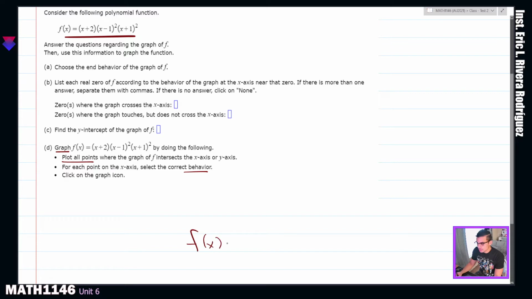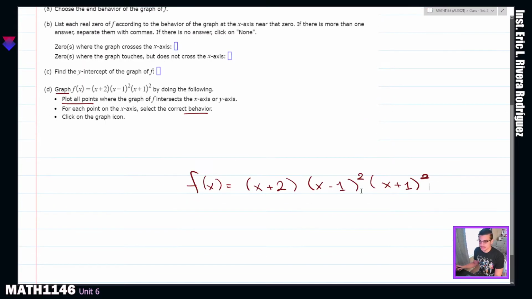So here is our polynomial function. Quick question, is this the standard form or the factor form? It is the factor form.